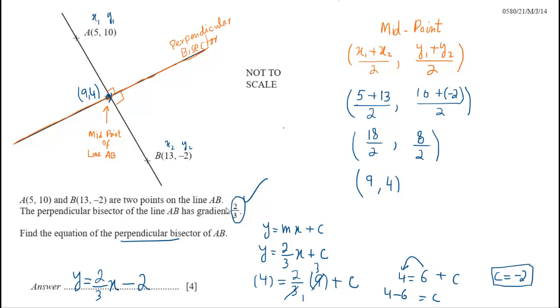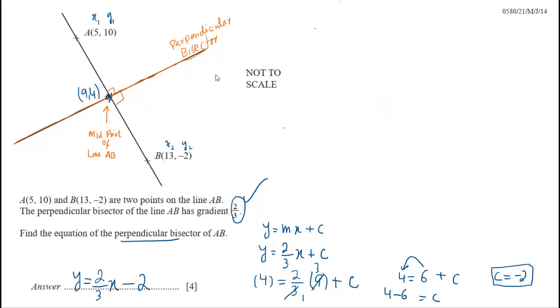Before finishing this question, let me tell you, if the gradient of the perpendicular bisector is not given, how do we find it? Let me explain that at the end of this question. To find the gradient of the perpendicular bisector, first we have to calculate the gradient of line AB.